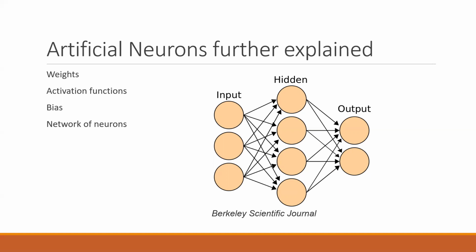And these neurons connect with each other to form a neural network. A small representation of this is shown right here in this diagram. And if you think about it this way, a neural network is a crude representation of the human brain.